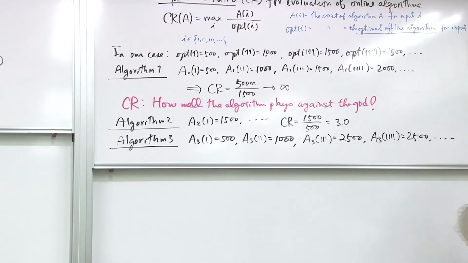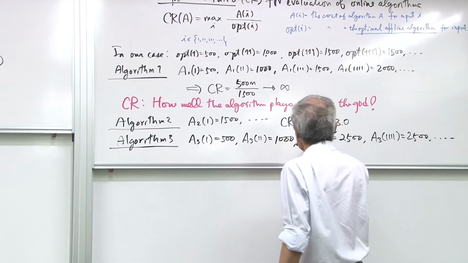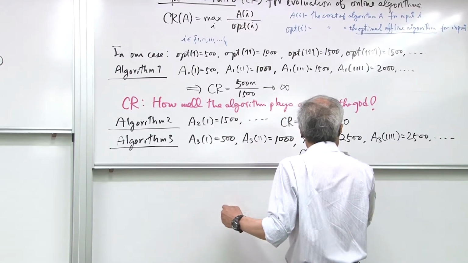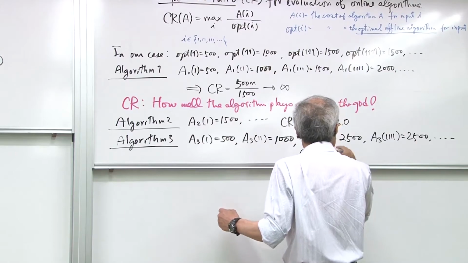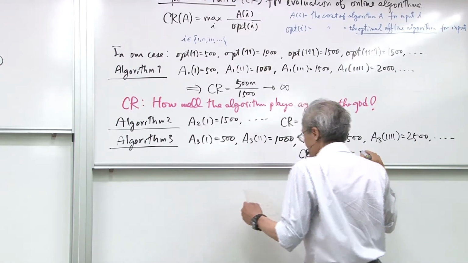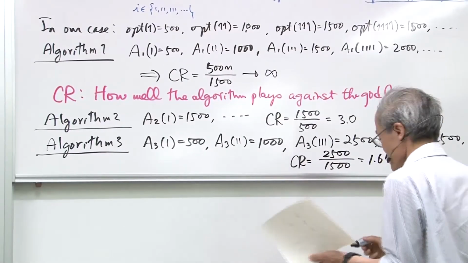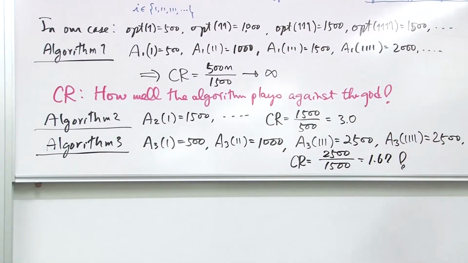So on the competitive ratio, what is the worst case?